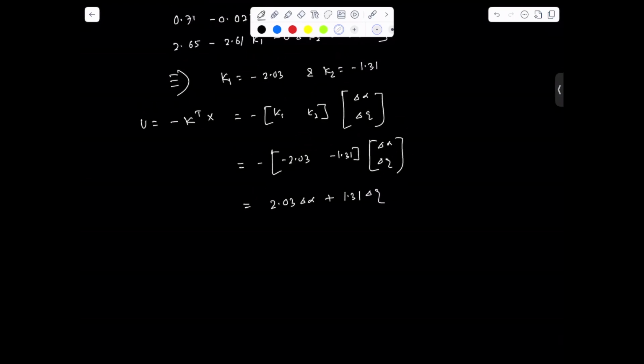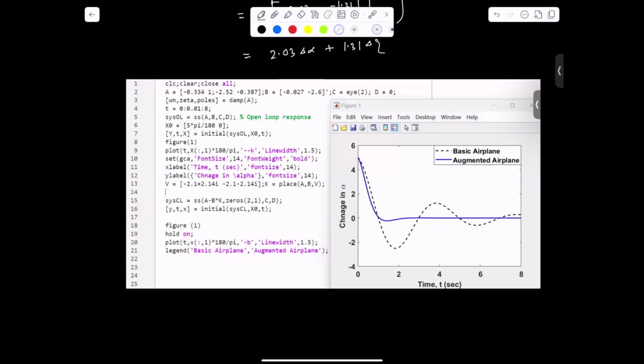So if you notice carefully, stability augmentation system is nothing but the controller design for the system. And this is the MATLAB code for this example. So if you notice, the dotted line here indicates the basic airplane and the solid line basically the augmented airplane, where we have designed the controller.